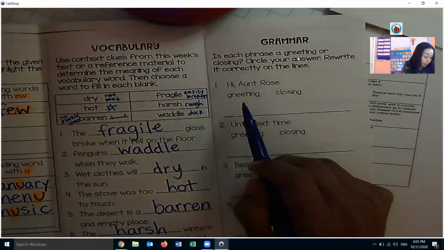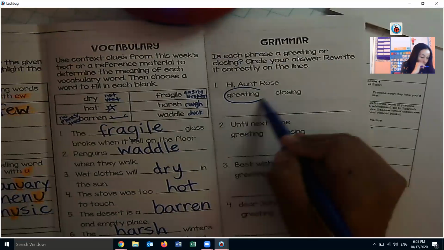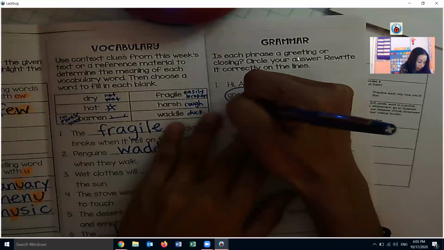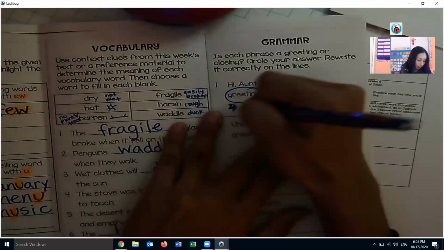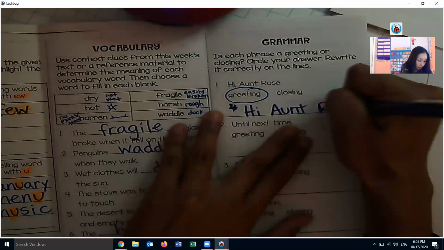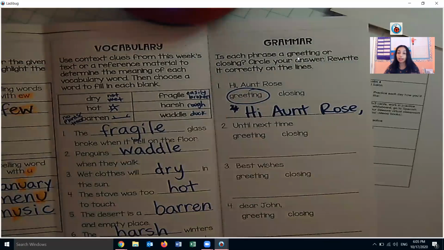Hi, Aunt Rose. Hi, Aunt Rose would be a greeting. And the only thing we need to change here, we put hi. Oh, you know what? Sorry. I'll write it big. Hi, Aunt Rose, comma. And then after that, you would go to the next line and continue your letter.